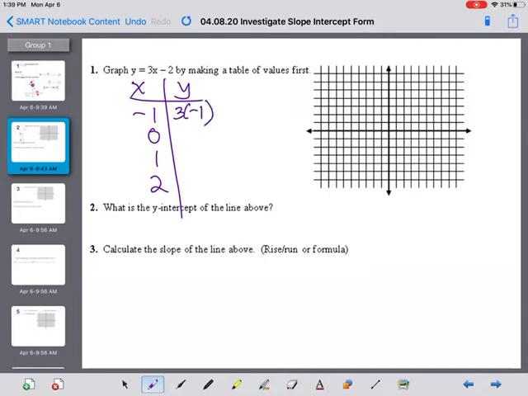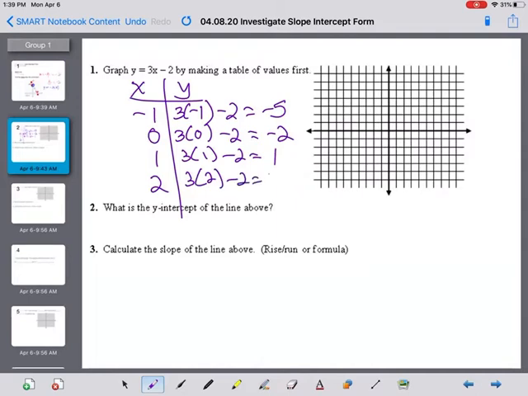So 3 times -1 is -3, minus 2 is -5. 3 times 0 is 0, minus 2 is -2. 3 times 1 is 3, minus 2 is 1. 3 times 2 is 6, minus 2 equals 4. And let's graph those points.